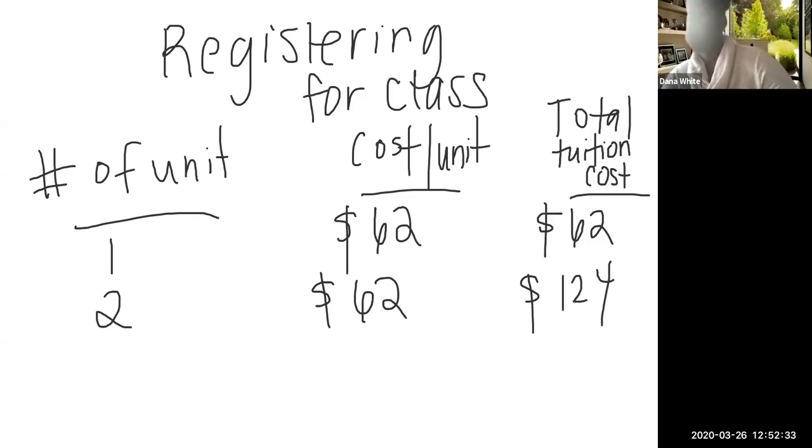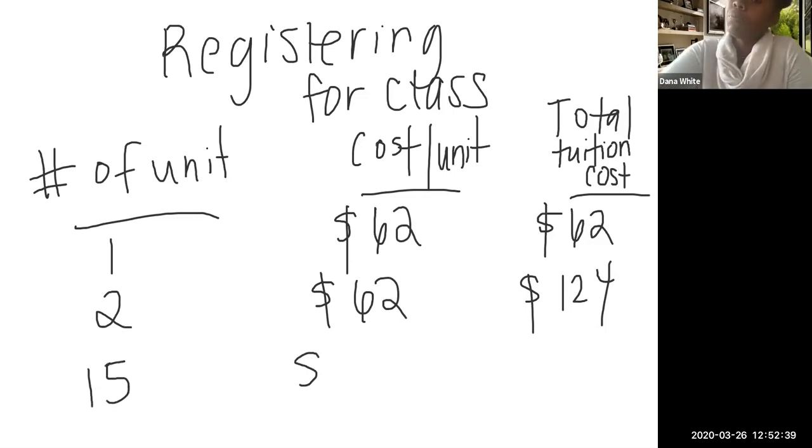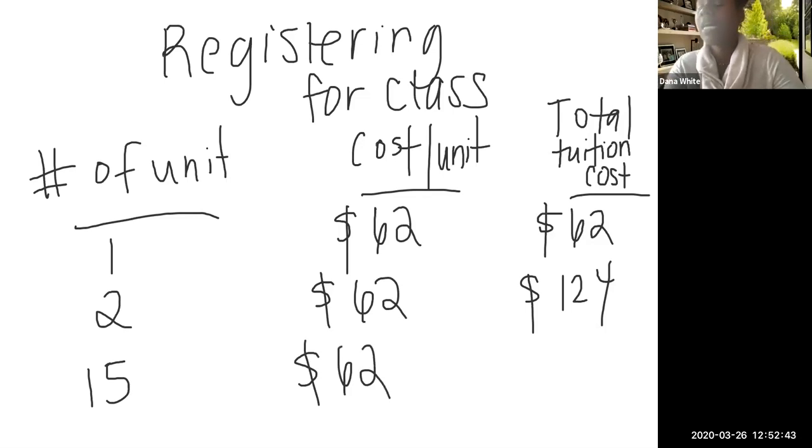Now let's take this up 1 notch and let's say I have decided to take 15 units, right? Again, the cost per unit is never going to change. It's going to always remain $62 per unit. Now it's just a matter of how many units am I willing to take or can I afford to take.